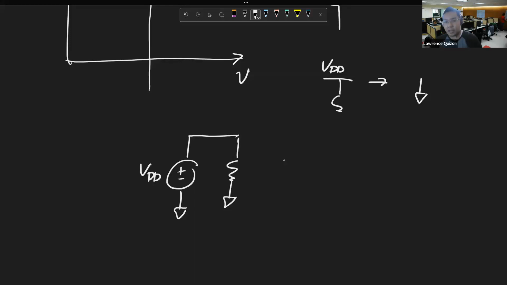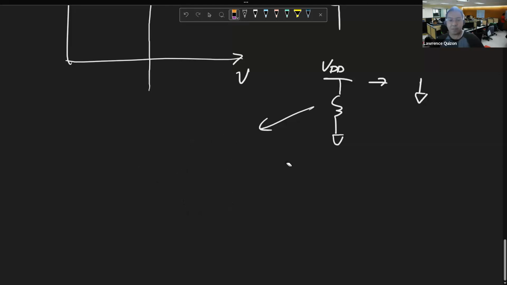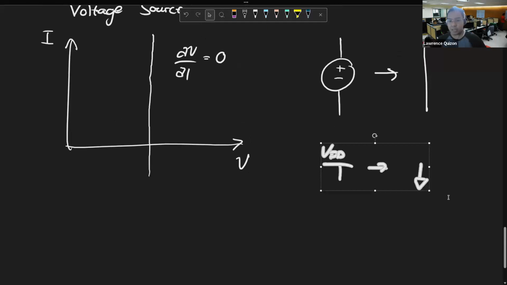So if we had VDD connecting the resistor to ground, then that means this in short form. Right? So if we turn this into a short circuit, then it's ground. That's the reason why. So the important takeaway from this is that the VDD terminal turns into ground. All right?